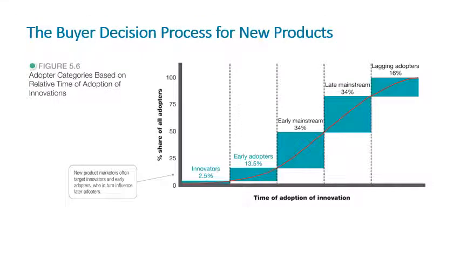So here in this diagram, you can see how these different types of customers jump into the market of new products at different stages. So notice that in the x-axis, we have the time since adoption. So 0 is when the product is actually launched in the market. Okay, so this is the first time when that product can actually be bought by any consumers at all.